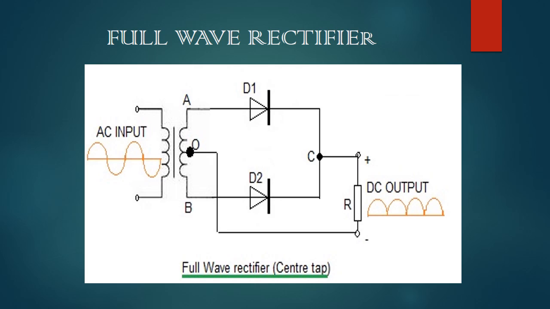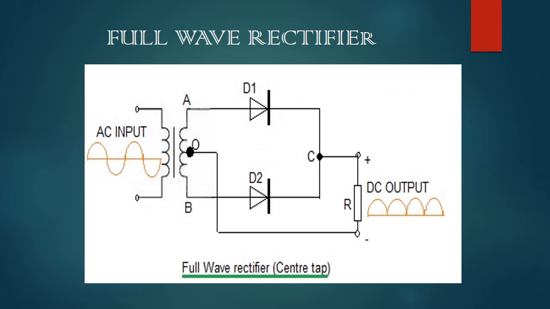When the point A of the transformer is positive with respect to point C, diode D1 conducts in the forward direction as shown by the arrows. In the negative half of the cycle, the point B is positive with respect to point C, and diode D2 conducts. Since the current flowing through the resistor is the same in both cases, here is the output which we get.